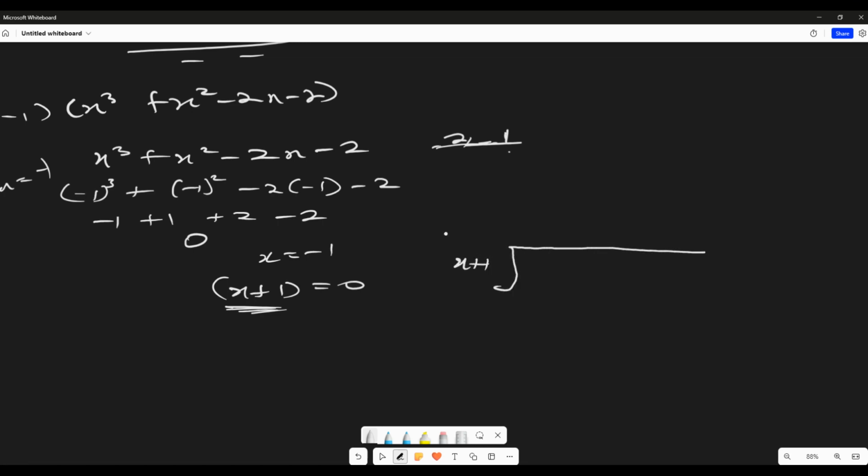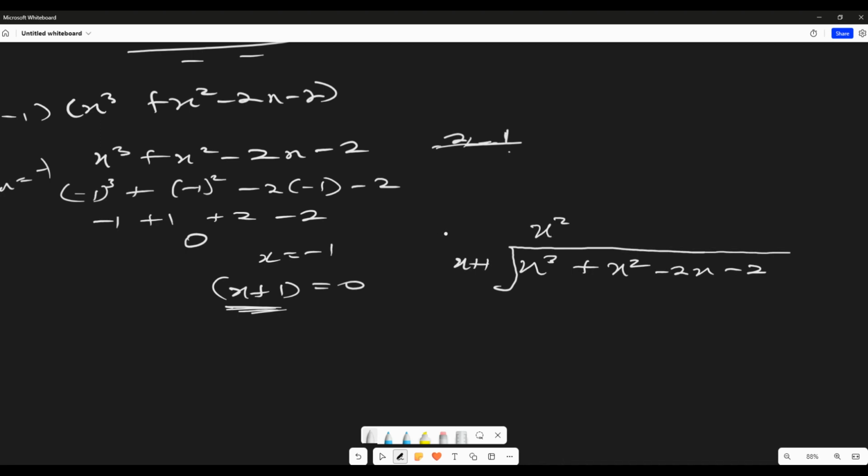This x plus 1 is a factor of x cubed plus x squared minus 2x minus 2. This one there is no gap, so the expression is already in descending powers of x. x goes into x cubed x squared times.